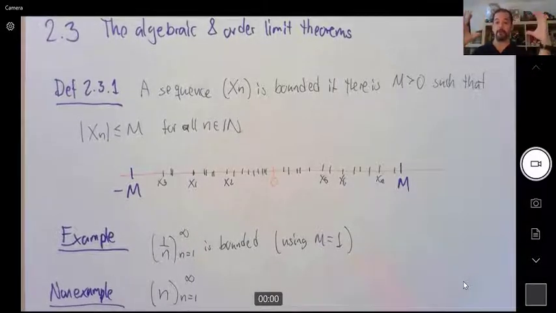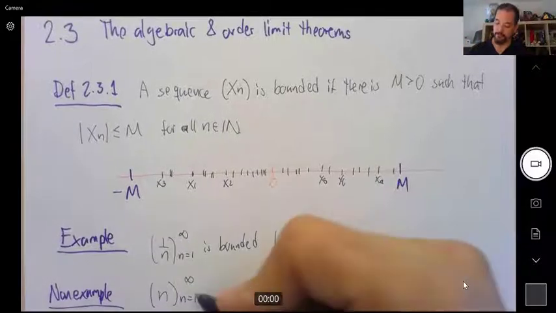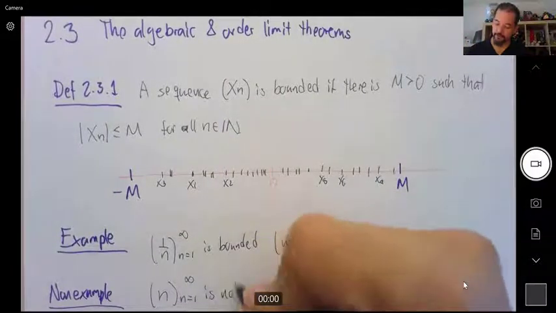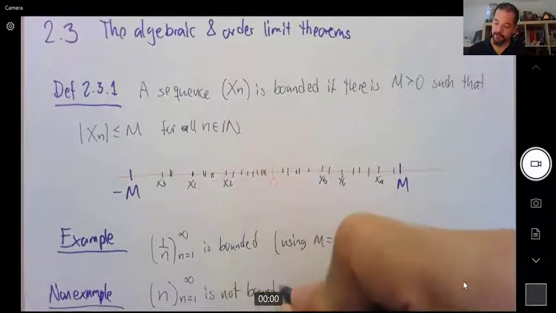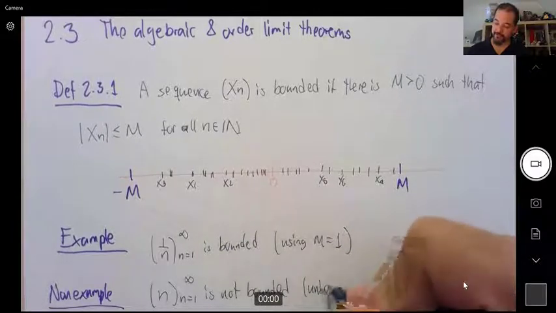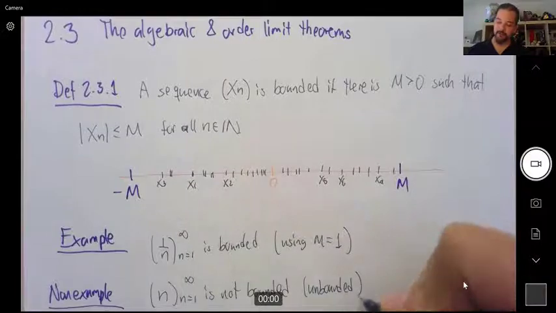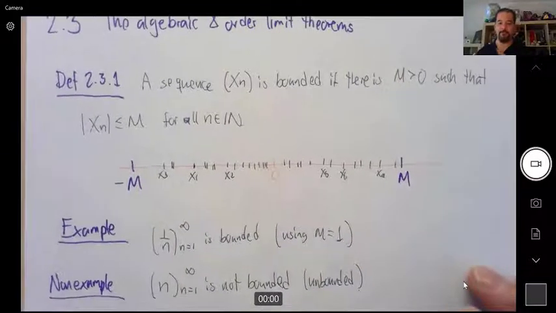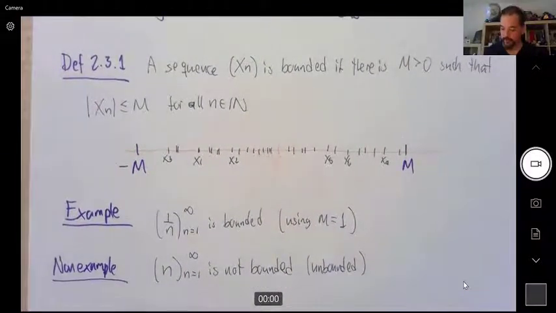If you think you can bound it, you know that you can always find a natural number that is even bigger than that real number that you chose, right? So this one is not bounded. Not bounded, by the way, we call it unbounded. That's the correct term. But not bounded is fine. If you write not bounded, we understand.